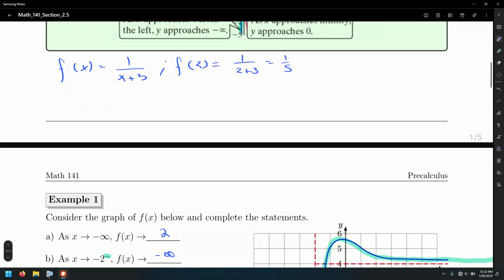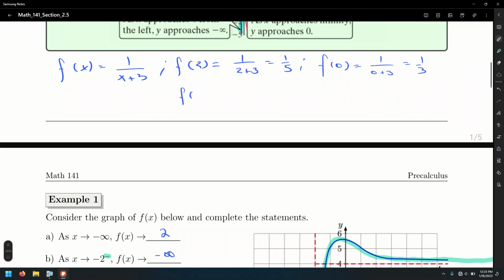All right, in this case, we say that this rational function is defined for x equals 2. And also, what about f of 0? Well, 1 over 0 plus 3, that's simply 1/3. It's also defined for x equals 0.